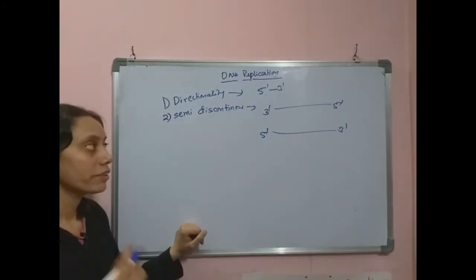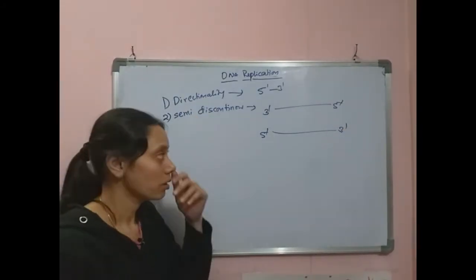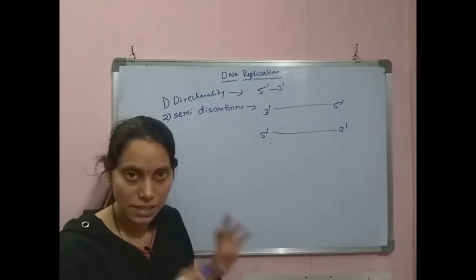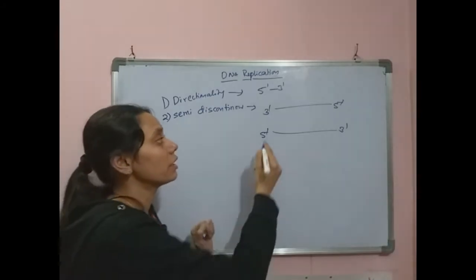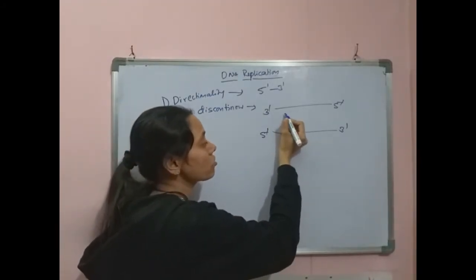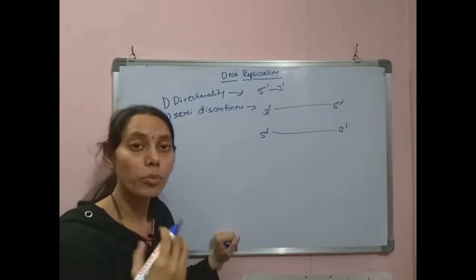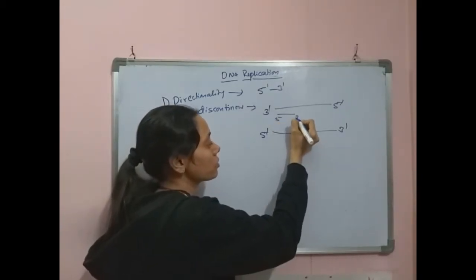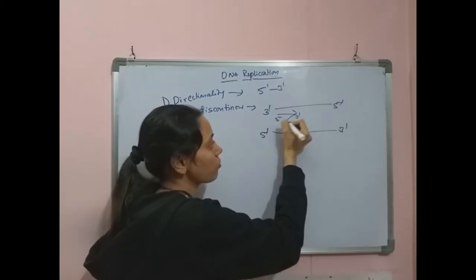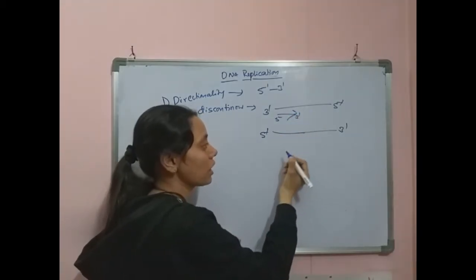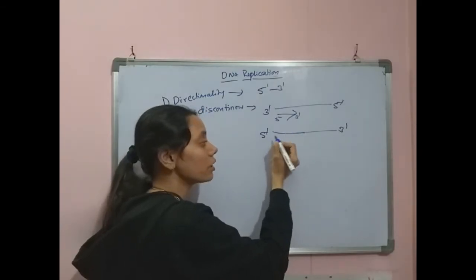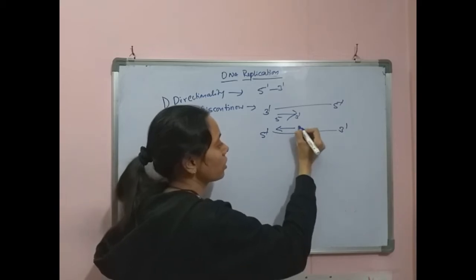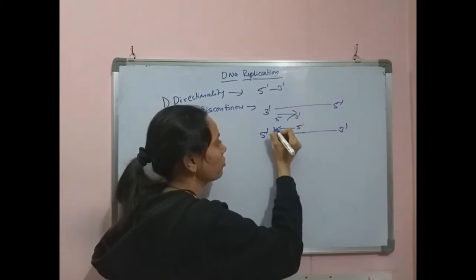So if DNA replication is being carried out, the two strands of the DNA must be replicated at the same time, but the addition of nucleotides must be in opposite directions. For one strand, it must be 5' to 3', so the direction of replication is like this. For the other strand, the addition of nucleotides must be like this, in the opposite direction, which is again 5' to 3'.